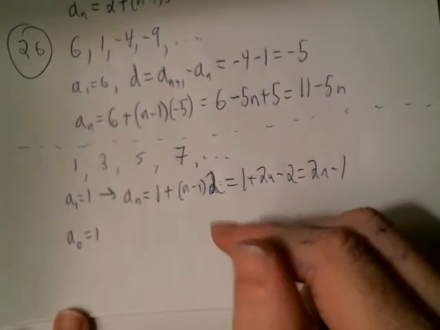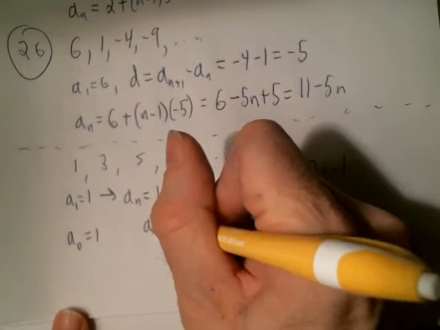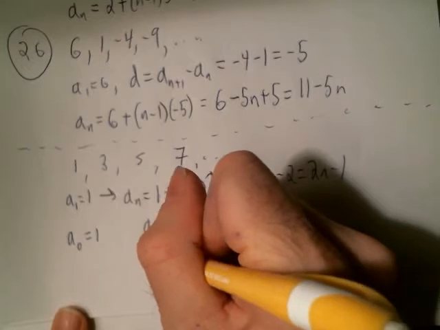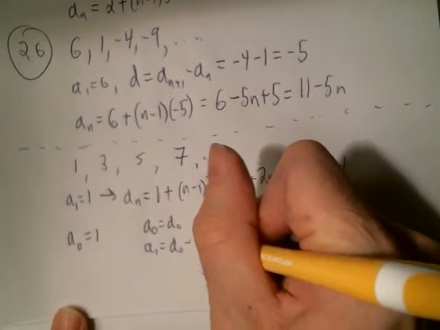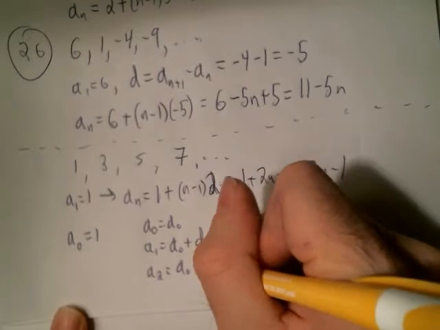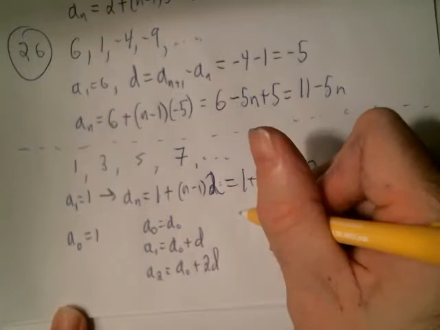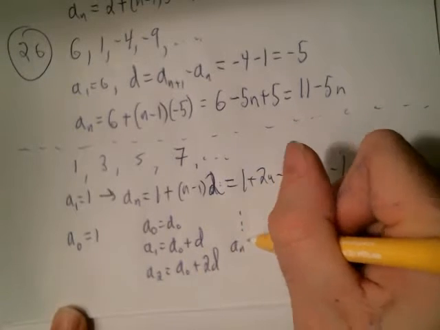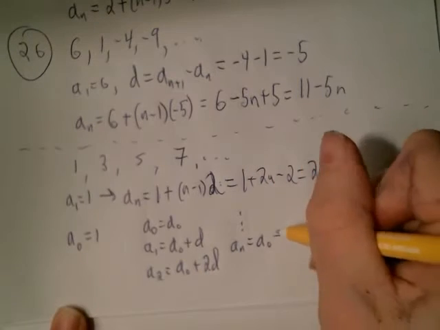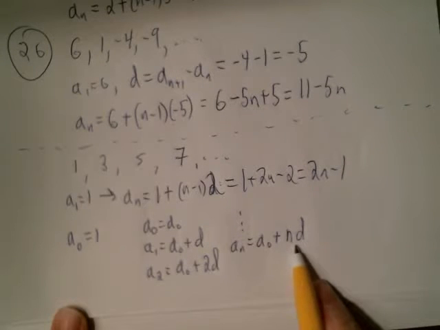Well, you can again do this iteration approach and say, well, a sub 0 is a sub 0, and then a sub 1 is a sub 0 plus d, and a sub 2 is a sub 0 plus 2d. And then in general, your formula, a sub n, is going to be a sub 0 plus n times d instead of n minus 1.